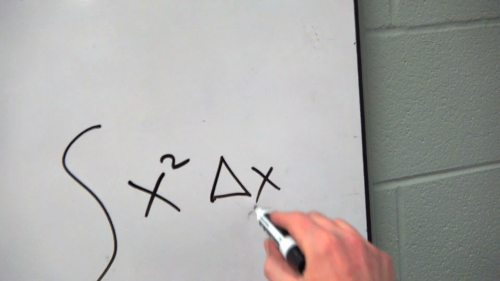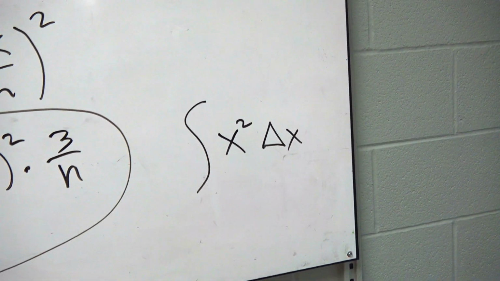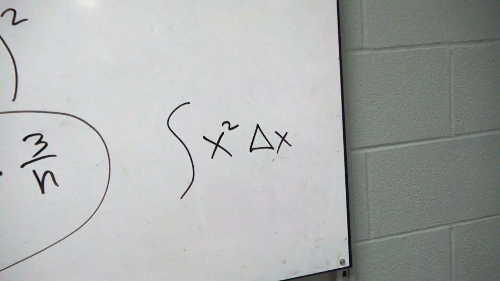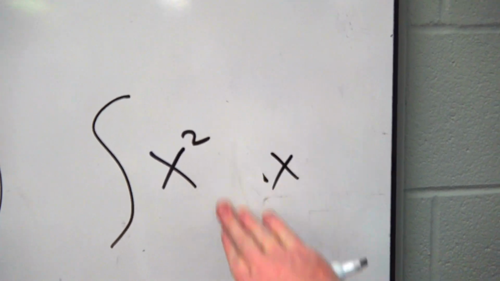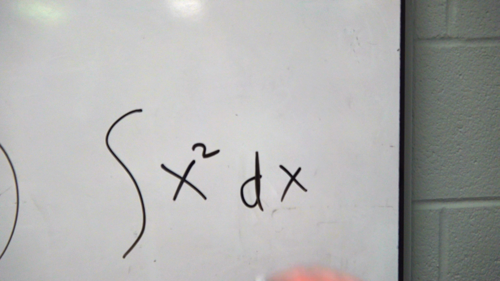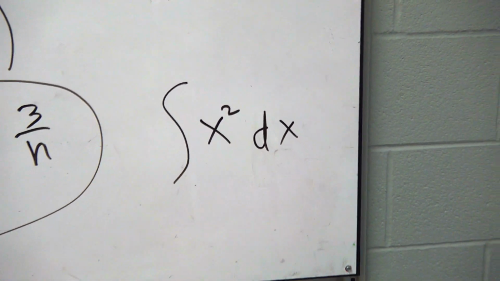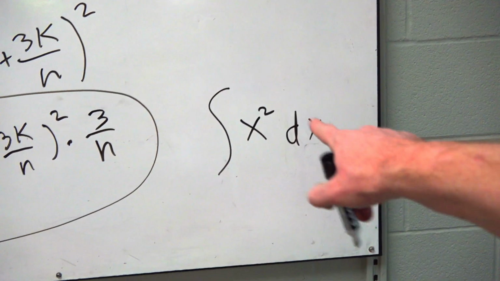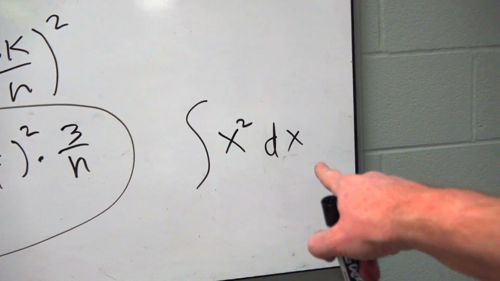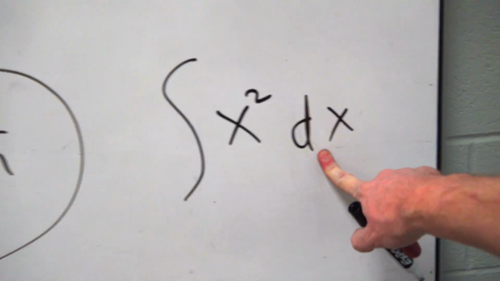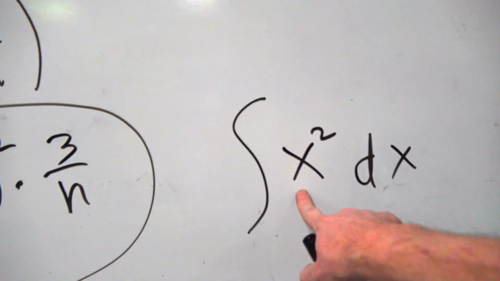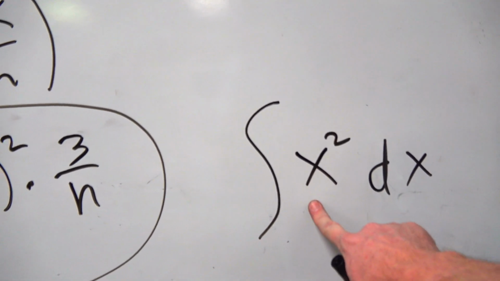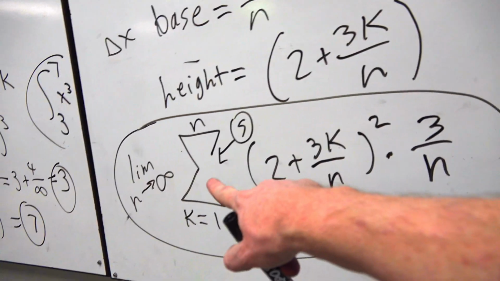But guess what we call delta x these days in modern high school and college classes? Delta is the Greek letter for d. Oh my goodness. That's why we write integral and dx, because that's actually delta x. That's just width, height, because the equation is always height. And the integral is the same thing as sigma.